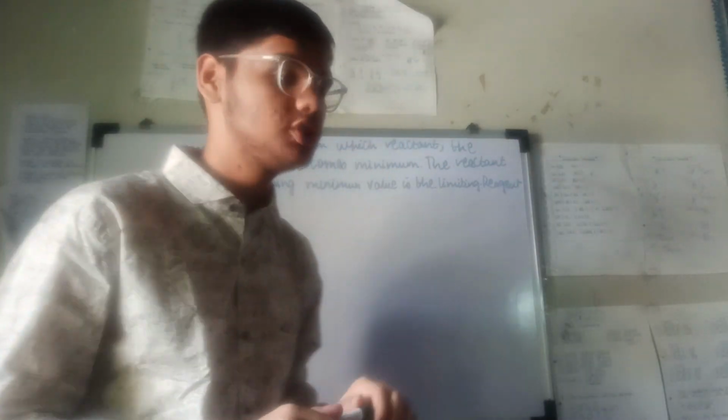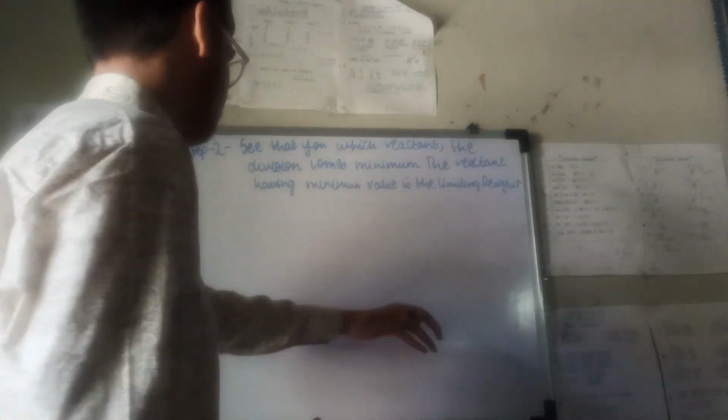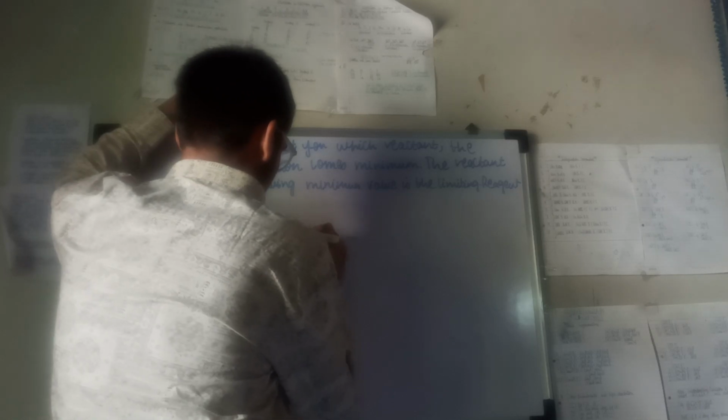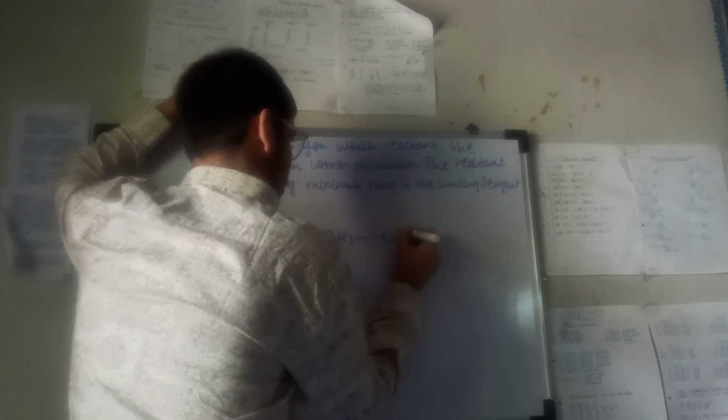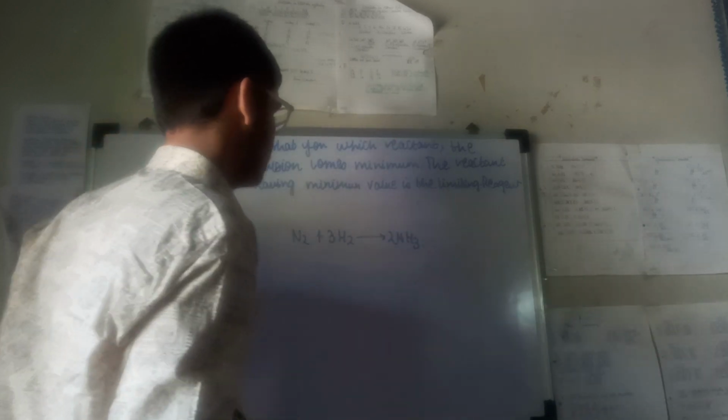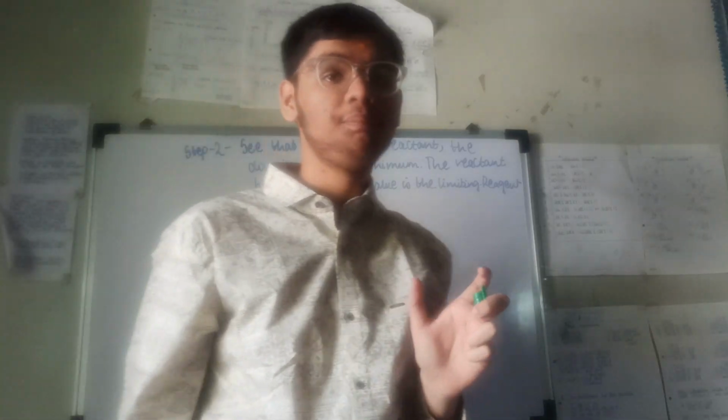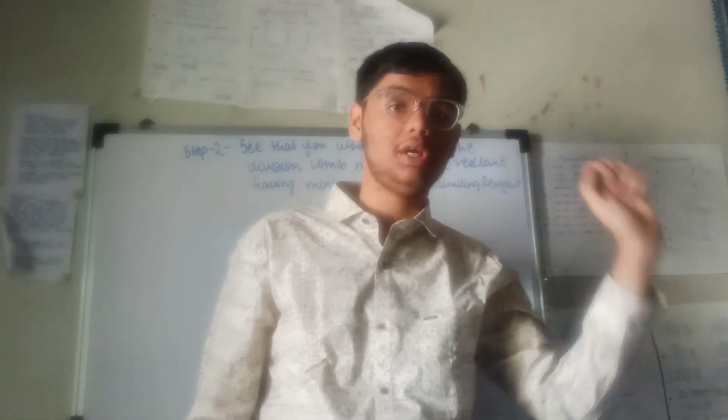Suppose we took an example, preparation Haber's process I am taking. N2 plus 3H2 gives 2NH3. This everybody is aware of, Haber's process, which we all have studied in class 10th.